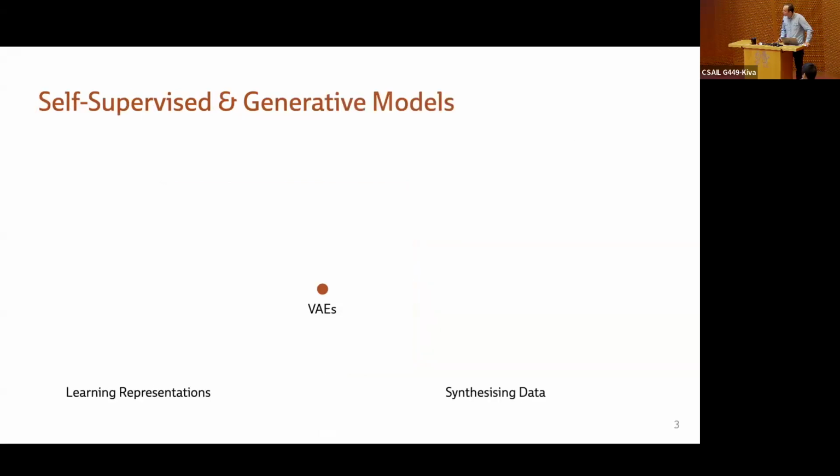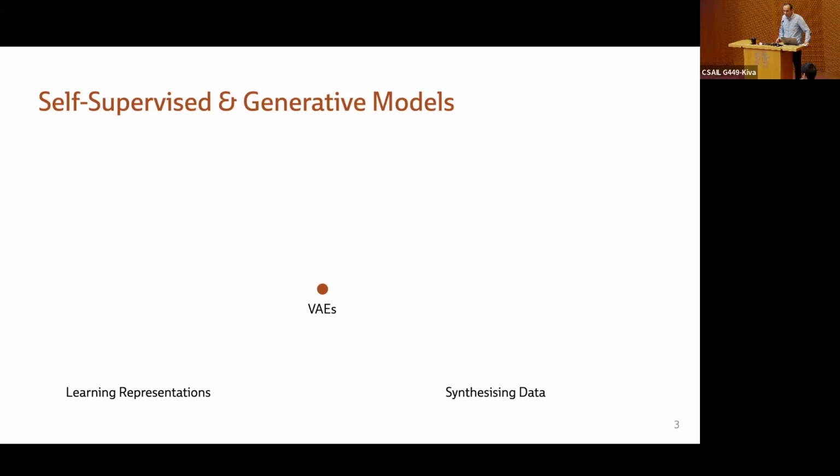And here in this talk, we are going to look into the synergy between these two families of approaches. So we are interested in learning representations as well as synthesizing data. Probably one of the familiar models that people think about when you think about learning representations and synthesizing data is autoencoders like VAEs.